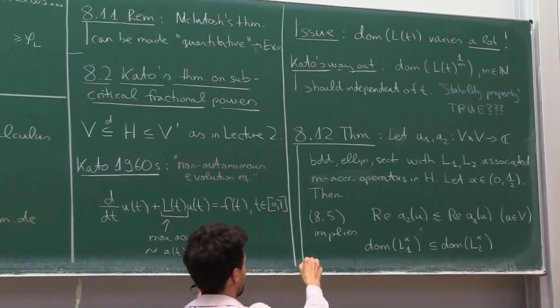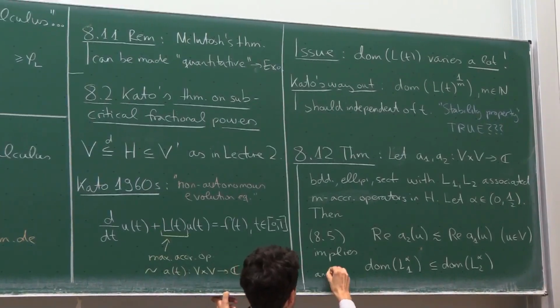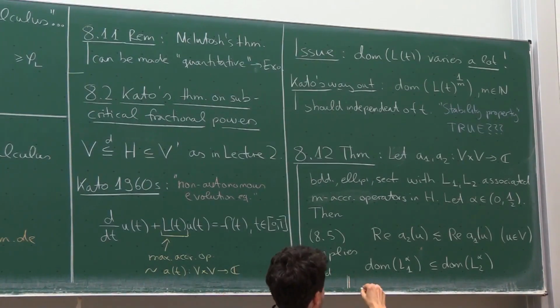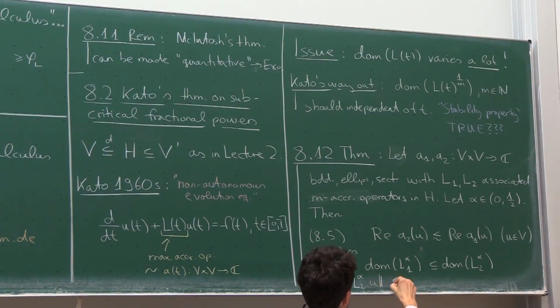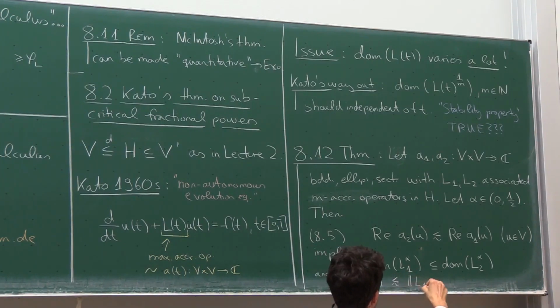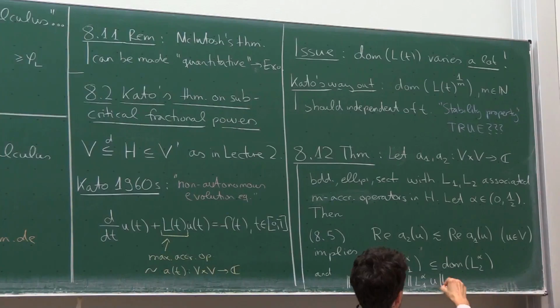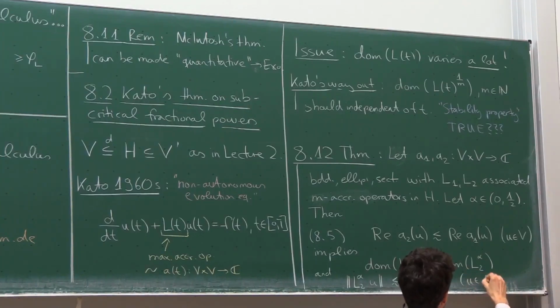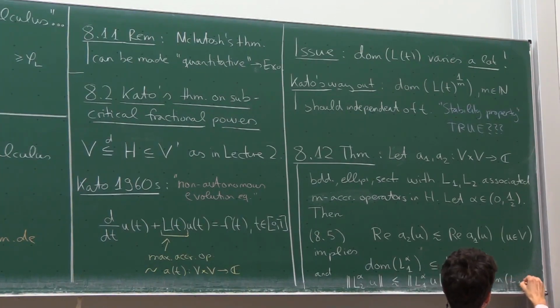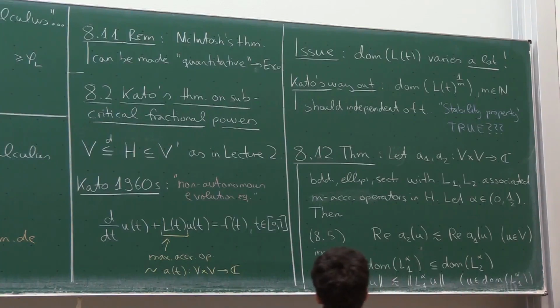And in addition, we have an estimate, namely L2 to the alpha of u is controlled by L1 to the alpha of u whenever u is in the domain of L1 to the alpha. All right?